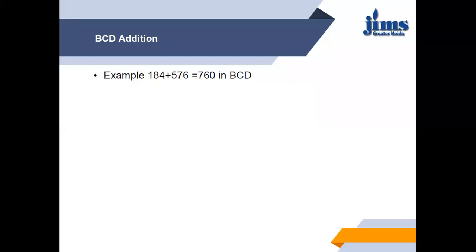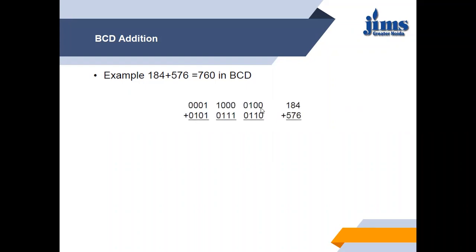When we add directly in decimal, the answer should be 760. Now let us consider the algorithm, how we are going to add these numbers. So the first step will be to convert both decimal numbers into BCD code. So you all just convert 184 and 576 in BCD.